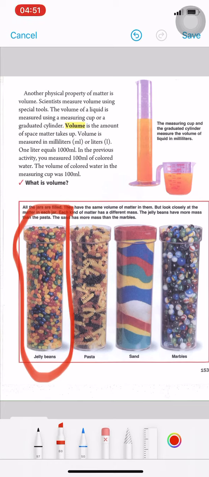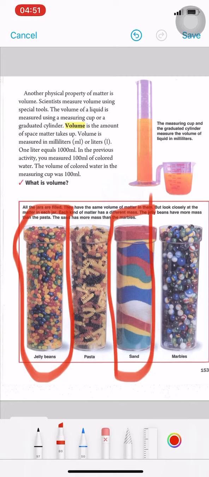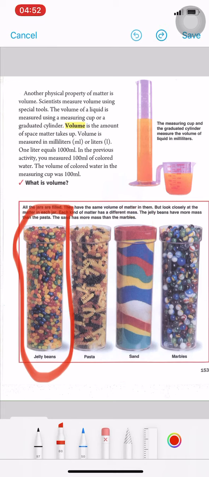And here, the sand has more mass than the marbles. But don't forget, all of them have the same volume because they take the same space. But their weight is different, or their mass is different. Okay, students.